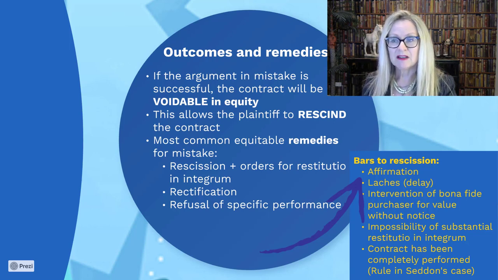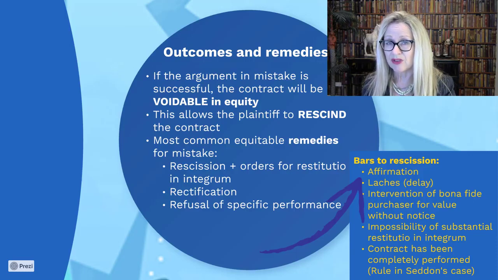If there has been a bona fide purchaser for value without notice, that old third-party purchaser that's a bit more innocent wanders onto the scene, unfortunately then the moment they do that, you will lose your right to rescind. If it's impossible for substantial restitutio to be achieved, what do I mean by that?